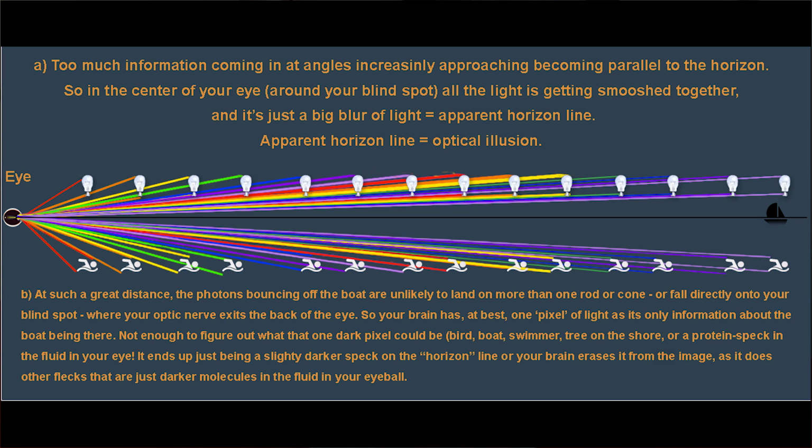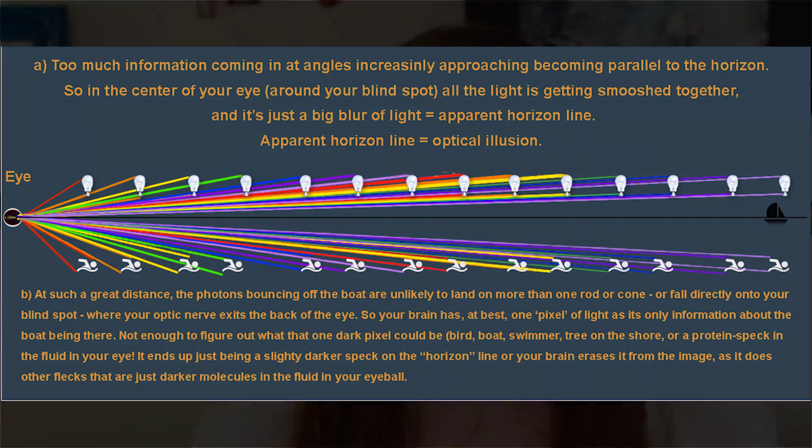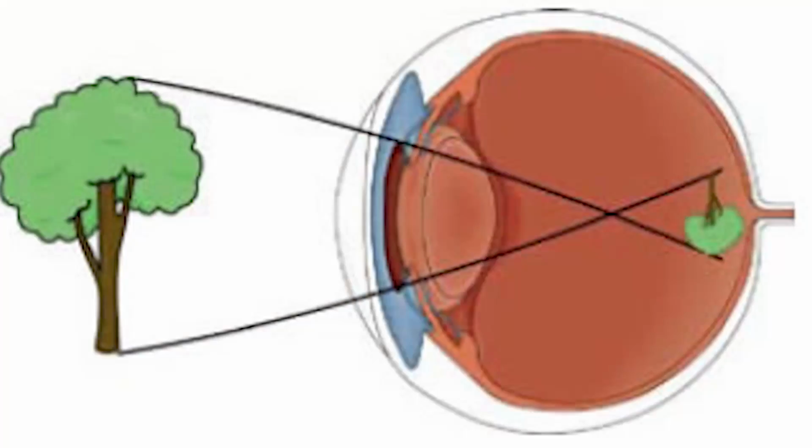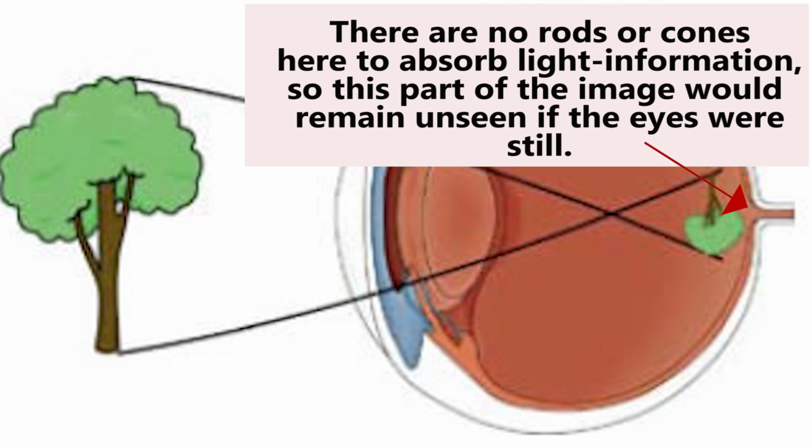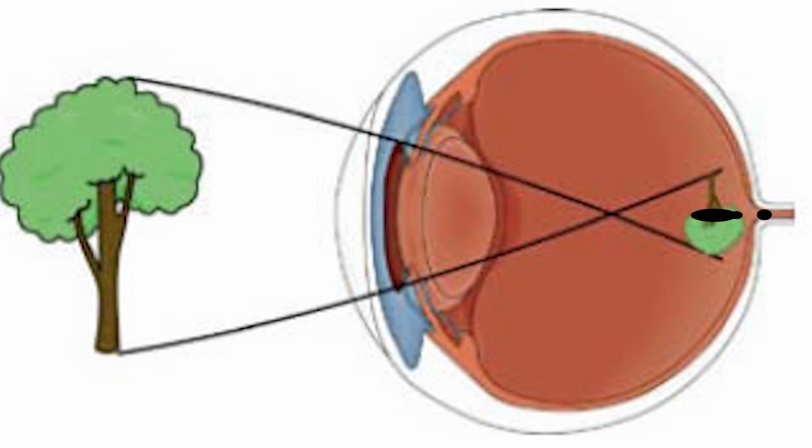So the angle of the light coming in from that distance becomes parallel, and then because it's at the center of your eye where your pupil is and your optical nerve, then this goes into the back of your eyeball, you have no way of getting information about that point. And so your brain just fills it in.